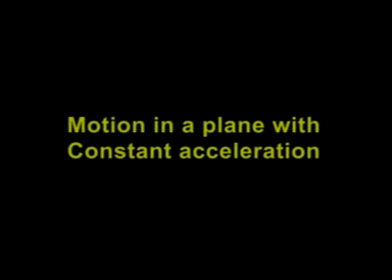Motion in a plane with constant acceleration. A constant acceleration is a special case of accelerated motion. There are vast instances of motions which can be approximated to be under constant force and hence constant acceleration.